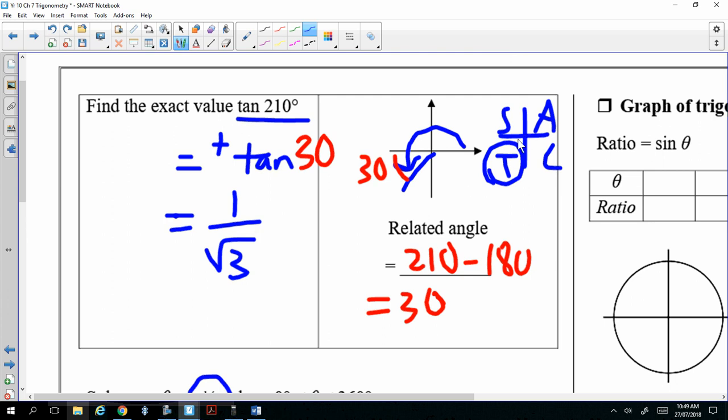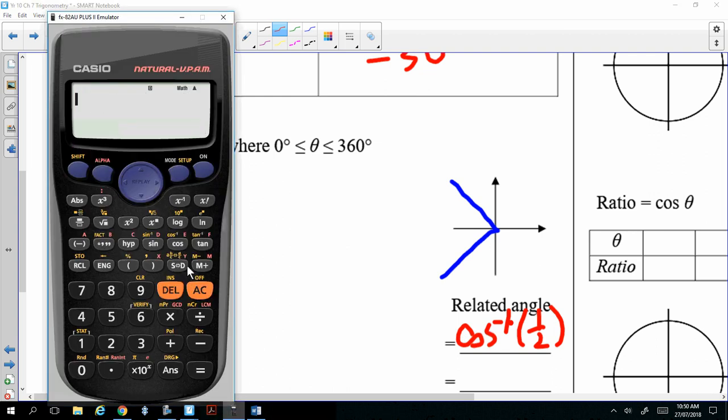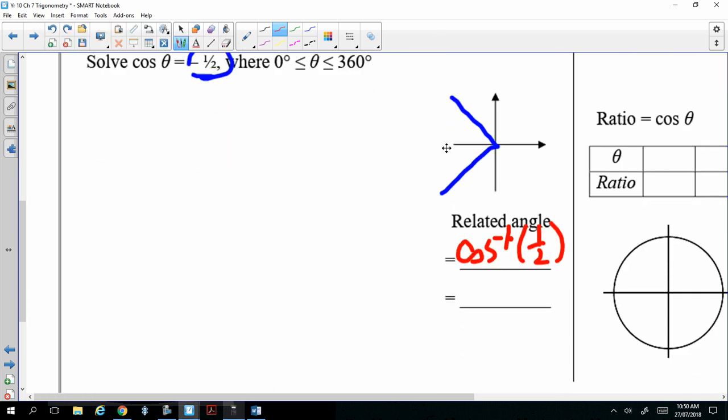Okay, so now we need to find the related angle. Make sure you do cos inverse of the positive half. Why do I not use the negative half? Because it ends up giving you an obtuse angle. So if I do shift cos of negative 1 over 2, it gives you 120 instead of 60. So I want an acute angle. Therefore, I get rid of the negative, 60 degrees. Right, so that means this is 60, this is 60, and then you can work out the actual angle.